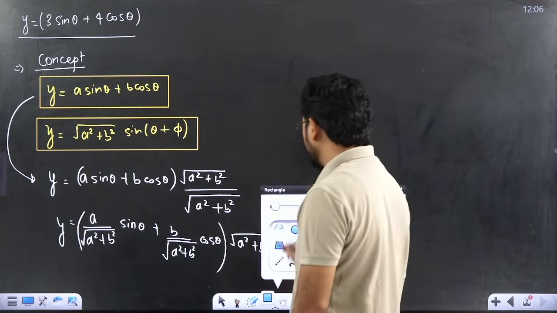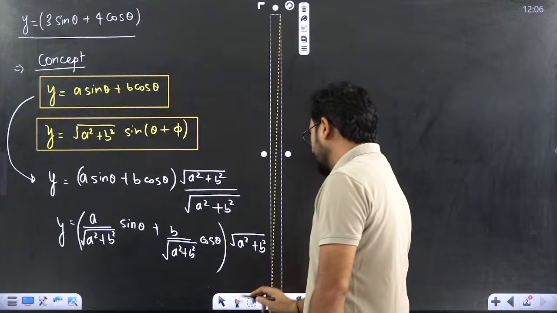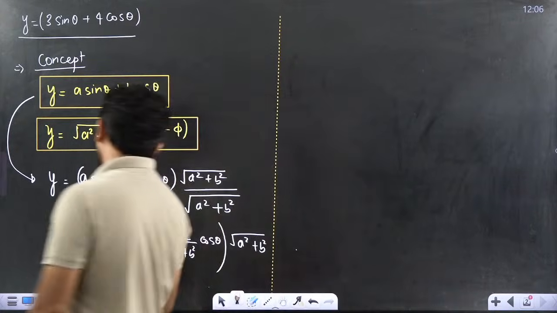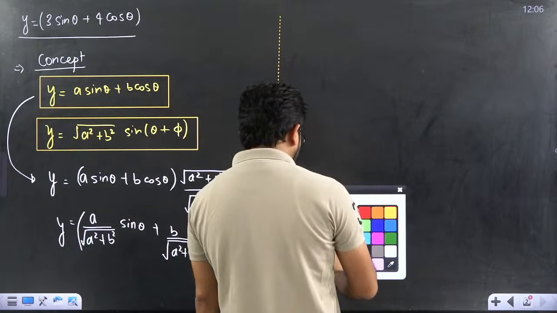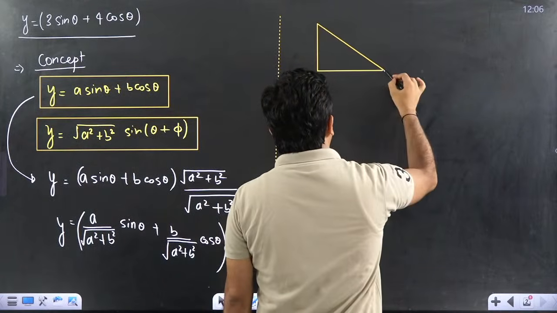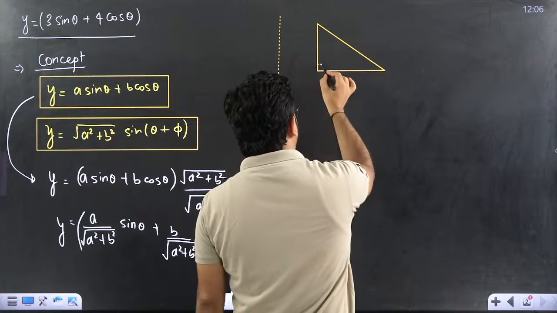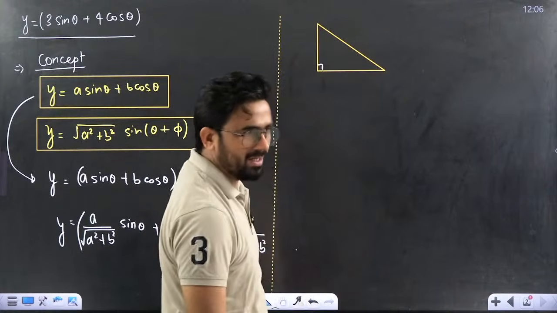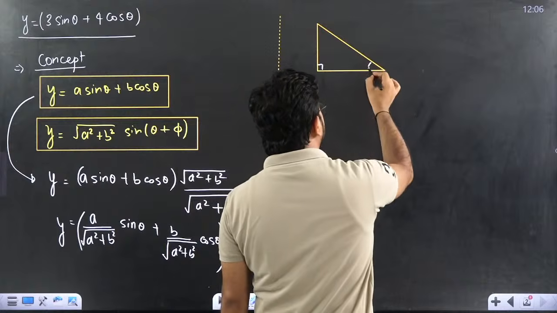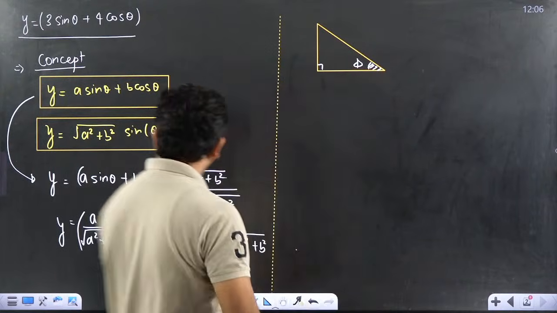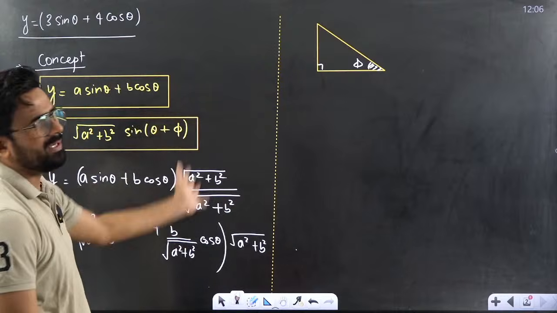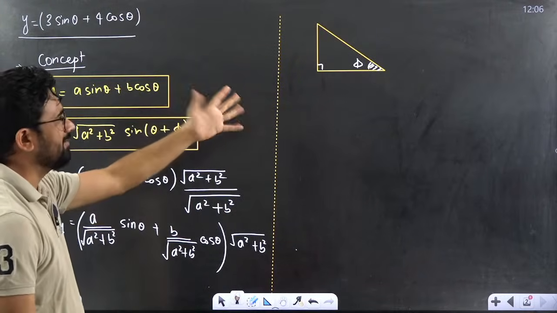Now, what I am saying further, you have to understand. y equal to this value, so I can make a triangle. I told you in the previous class also to make a right angle triangle. It is a very important thing. If I put one angle here, suppose I call it phi, because theta is already given so we cannot take theta. You can take phi or alpha, whatever.